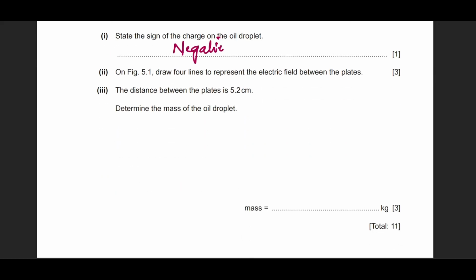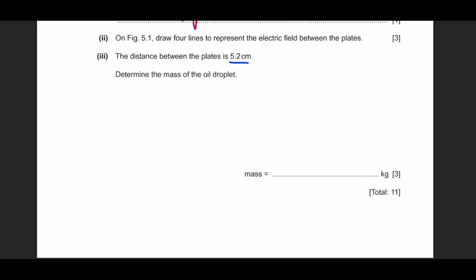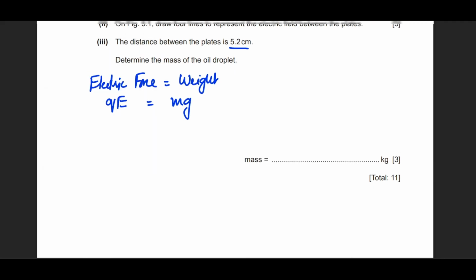He said the distance between the plates is 5.2 centimeters. Determine the mass. Now, we start with the logic that the electric force has to be equal to the weight of the oil droplet. So electric force is QE, electric field multiplied by charge, and weight is simply mg. Then for electric field, we have 2 formulas.